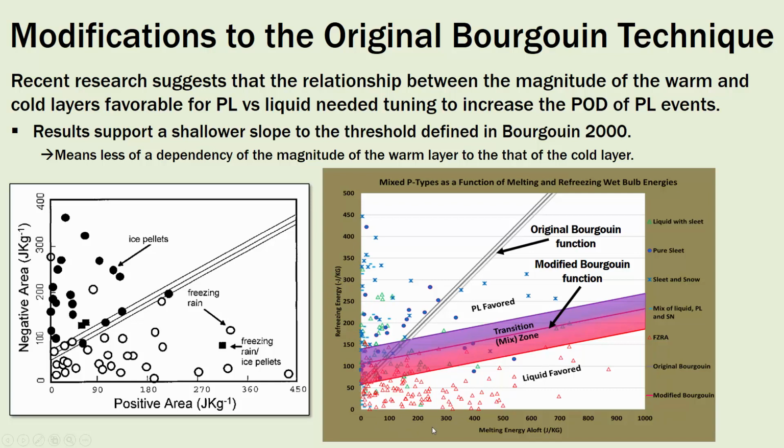So freezing rain events would be favored for refreezing energies generally less than 90 joules per kilogram. As you get more and more cold air near the surface, higher levels of refreezing energy, especially above 100 joules per kilogram, you start to favor at least a mix containing sleet.